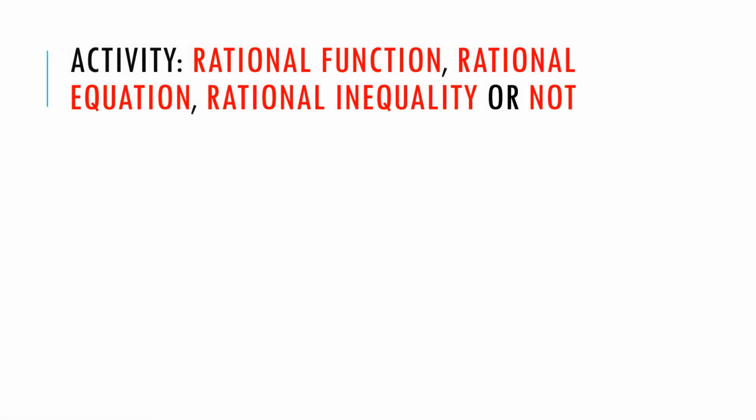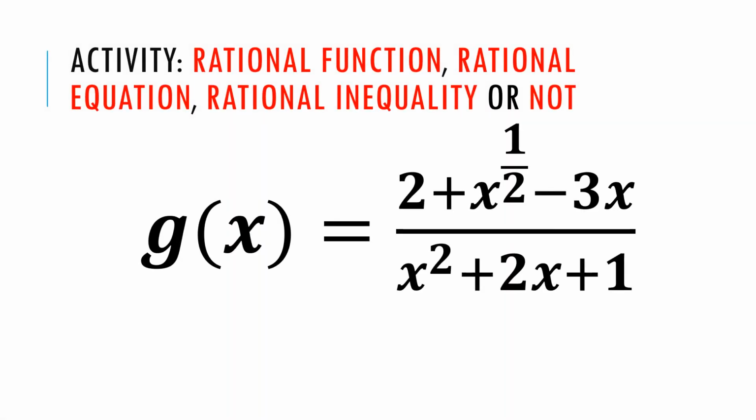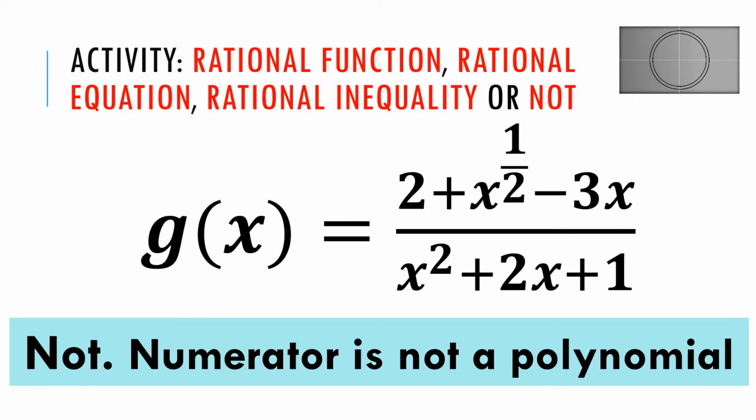This given, g of x is equal to 2 plus x raised to 1/2 minus 3x all over x squared plus 2x plus 1. 5 seconds to answer. Okay, time's up. So what do you think? Okay, so this is not a rational function.